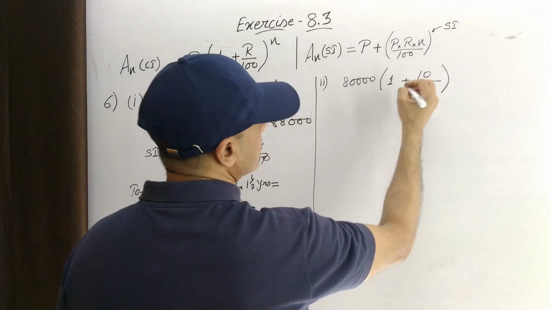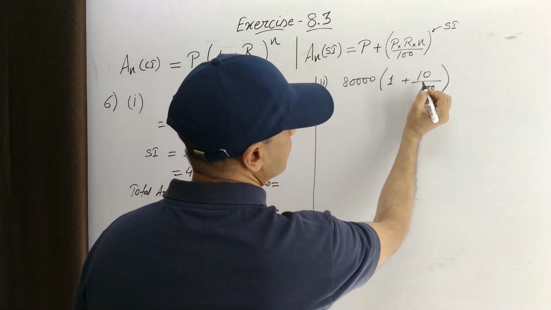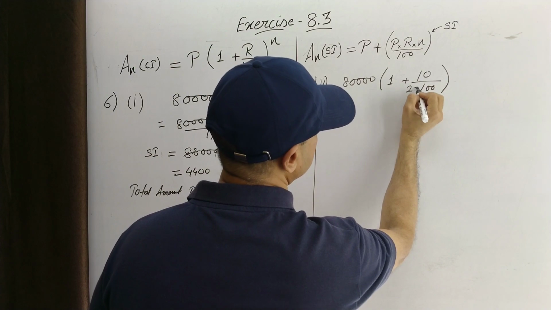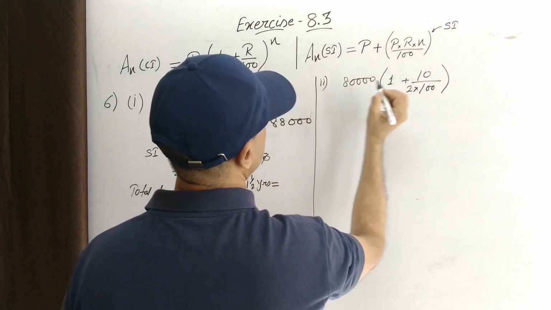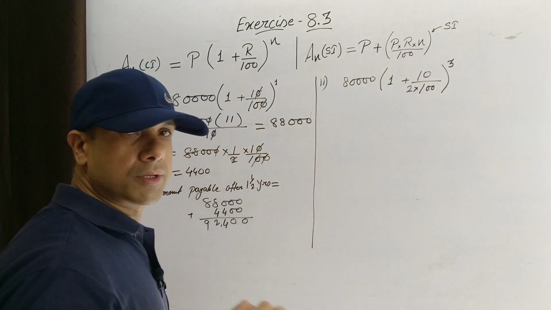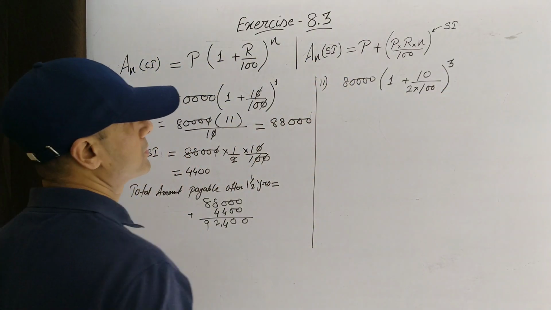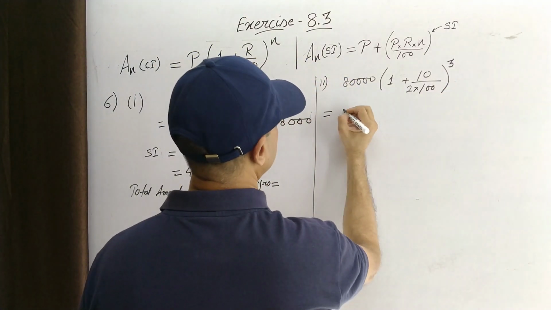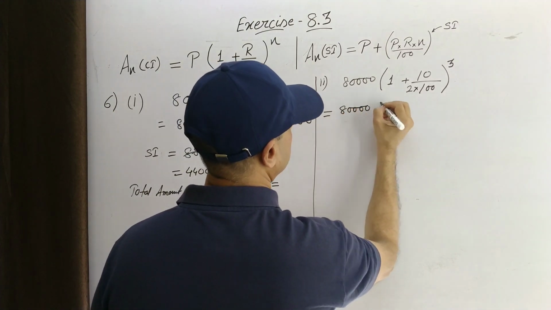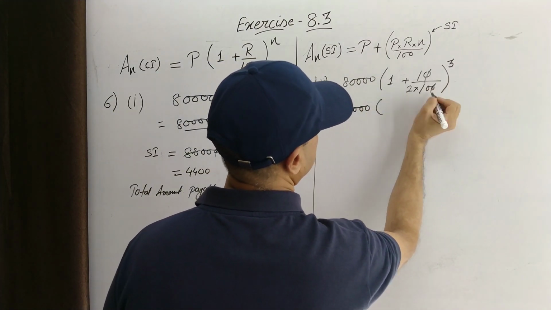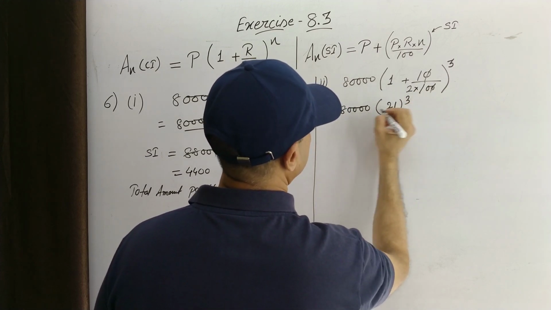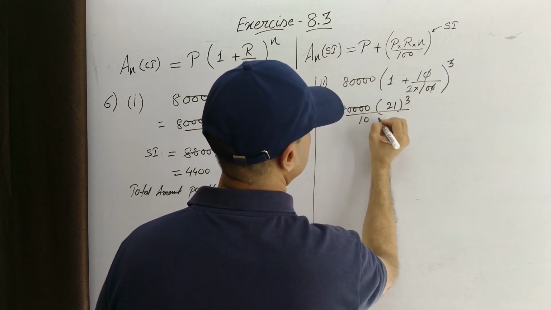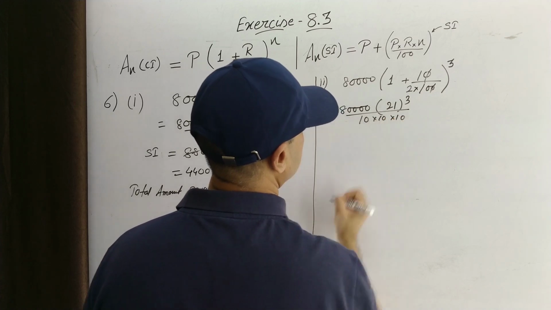So 10% compounded annually, so 10 by 2% compounded half yearly. And we are calculating for n, that is 3 half years in 1.5 years. So we get the values as 80,000 into 21 cube divided by 10 into 10 into 10.